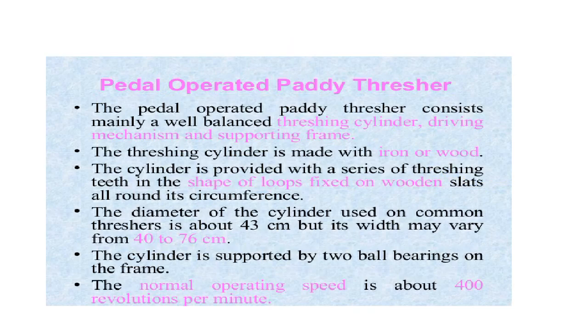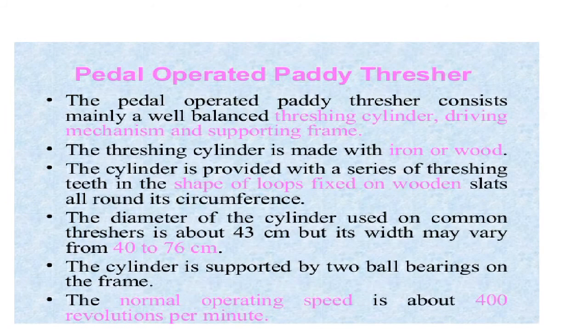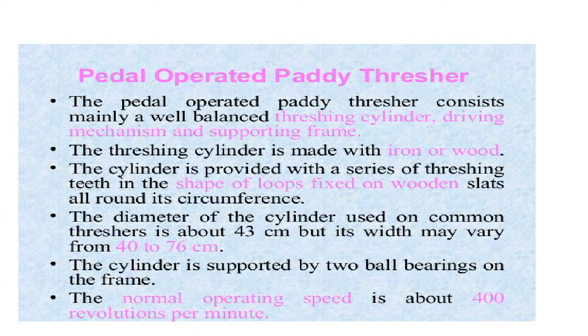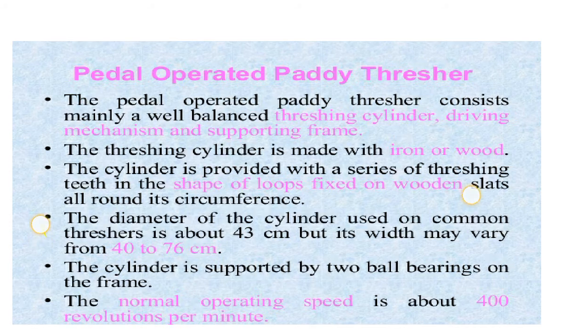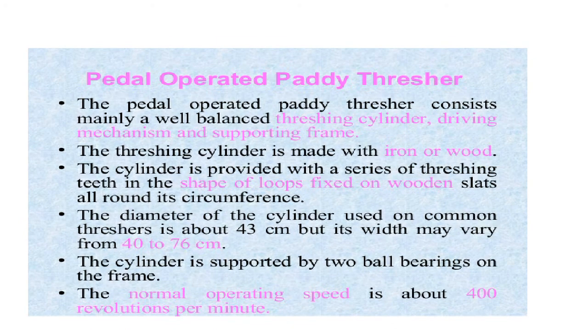Now the pedal operated thresher consists mainly of a well-balanced threshing cylinder, a driving mechanism, and a supporting frame. The threshing cylinder is made of iron or wood. The cylinder is provided with a series of threshing teeth in the shape of loops fixed on wooden slats all around its circumference.